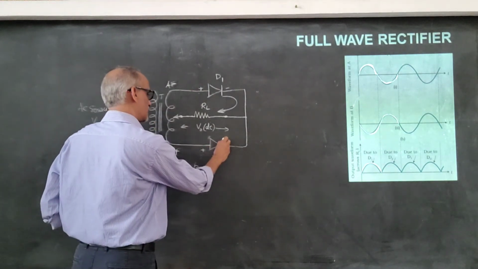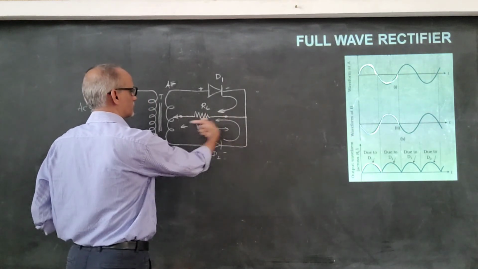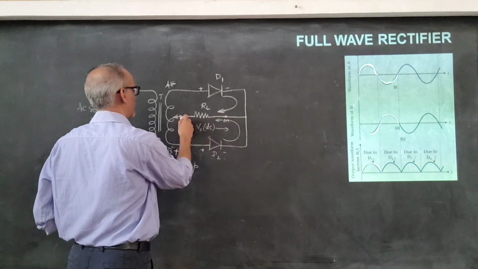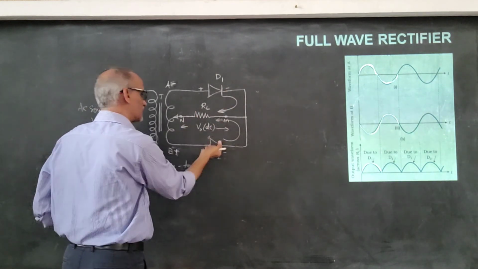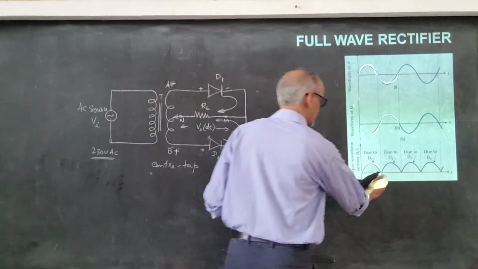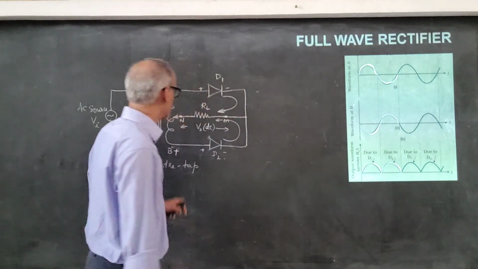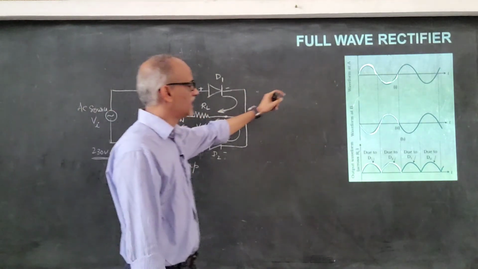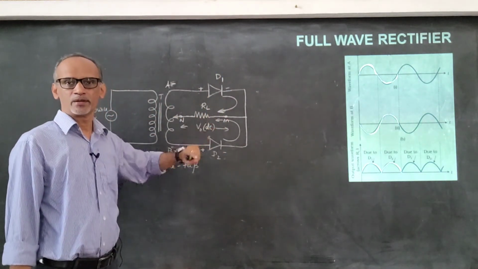And when it conducts, again it conducts in the same direction. See, it's in this direction only. Like if I take points M and N, it is from M to N. Earlier also it was from M to N. Even now it is M to N only. So that means there is output voltage, and this time it is due to D2. So for every half, any one of the diodes will conduct.